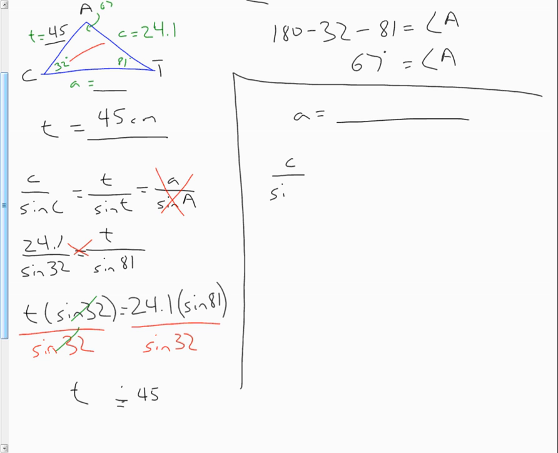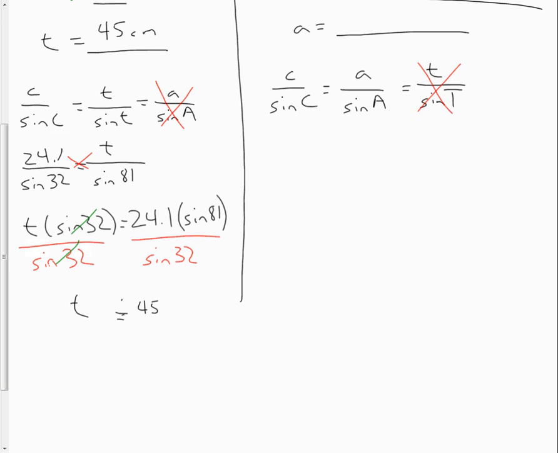So C over sine C is equal to A over sine A. I could put in T, but I know 100% that my C ratio is complete and accurate, so I'm going to choose to use C. I could use T over sine T as my new key, but I don't need to. I only need to work with two of them, so I'm going to work with the two that I've already got here.